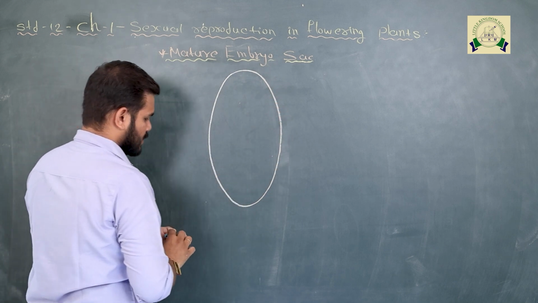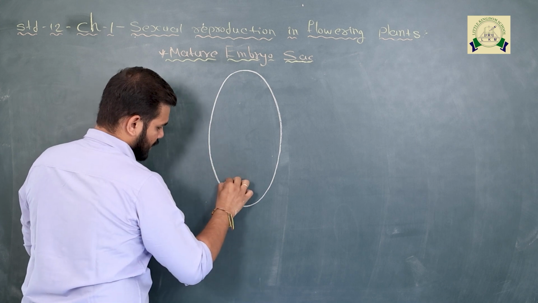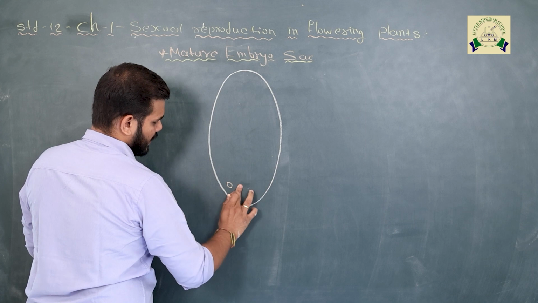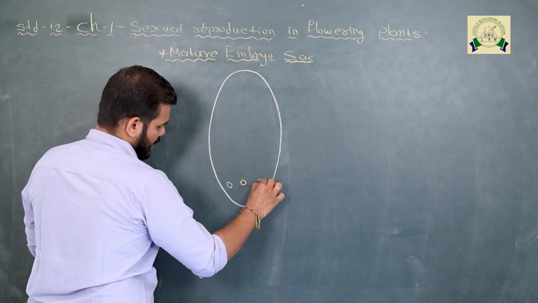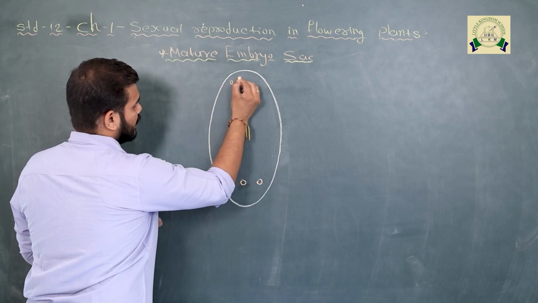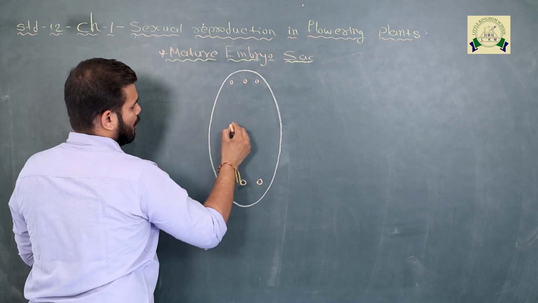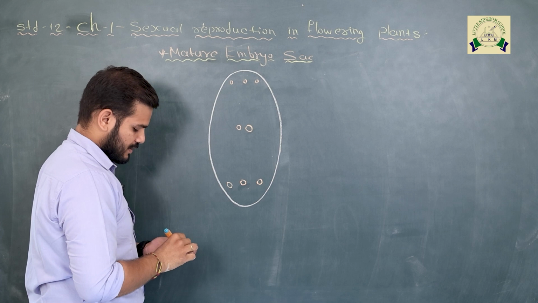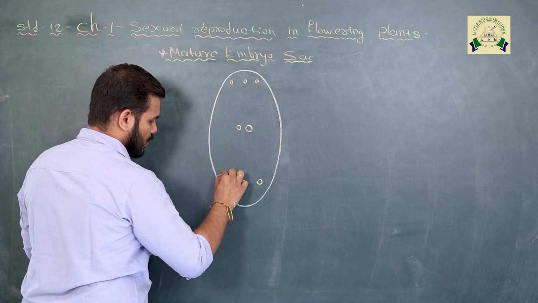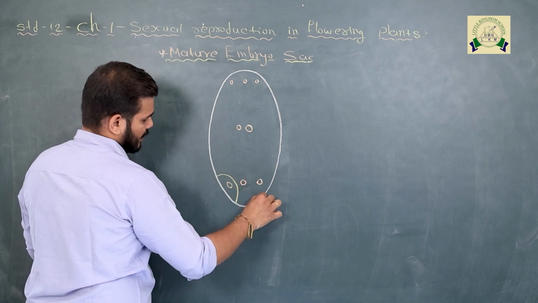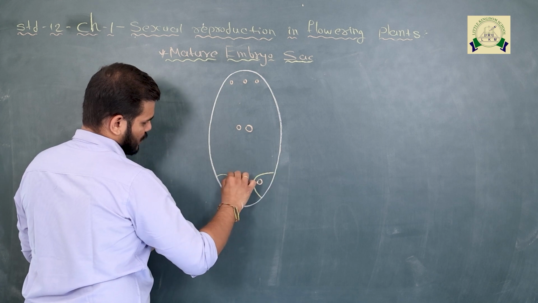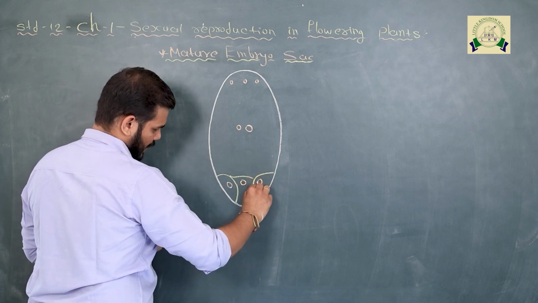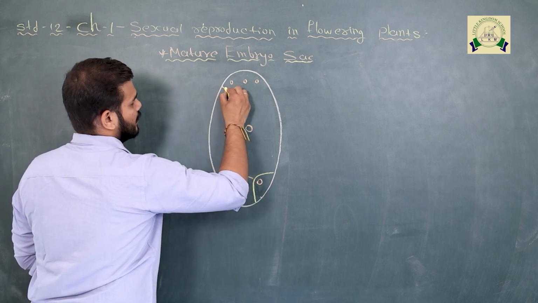Clear? As we know, now 3 nuclei arranged themselves in base part, 3 at the top and 2 in the center. After cytokinesis, nuclei get their cytoplasm, their cell wall and all other structure like this.